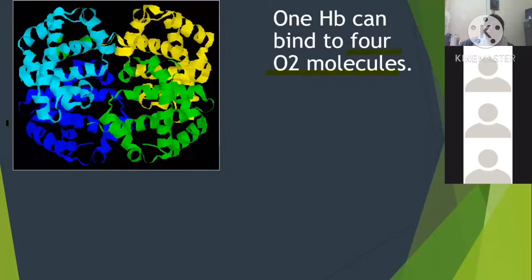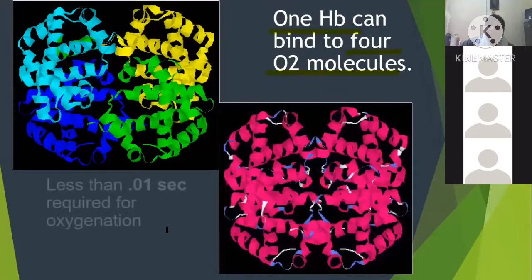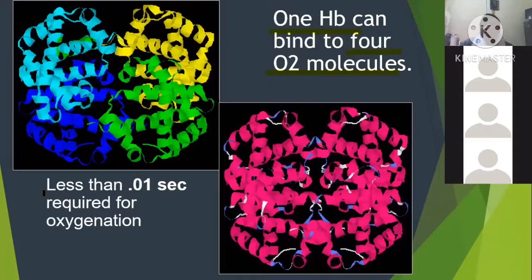So four subunits, so four iron atoms, so four oxygen molecules can be bound to one hemoglobin. Okay. Then the time that is taken for binding the oxygen by this hemoglobin, we call that oxygenation. So the duration of oxygenation is less than 0.01 second.